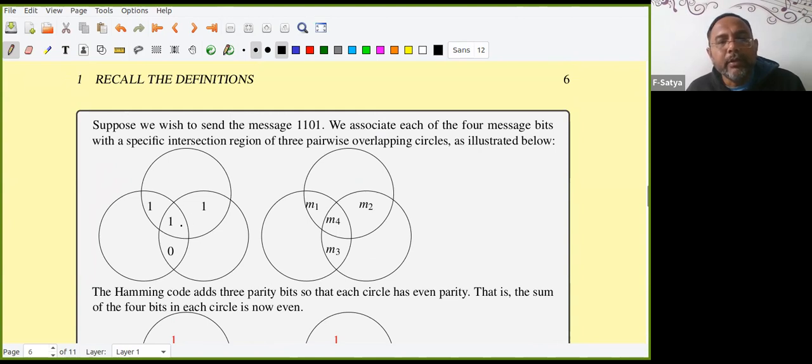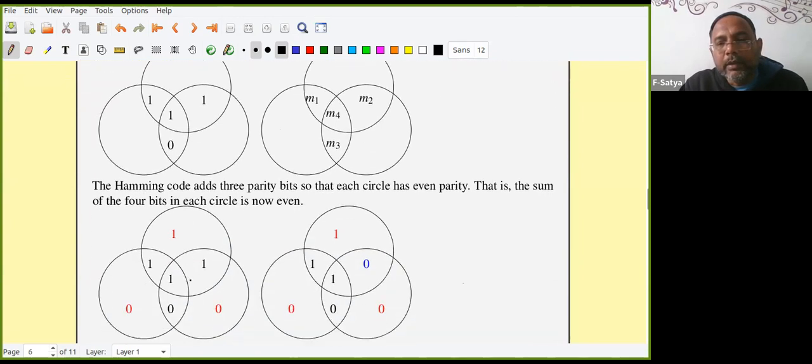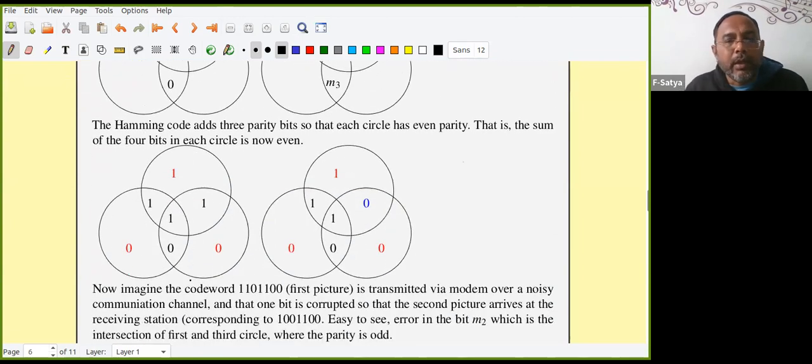What Hamming code will do is that we'll fill up each circle in such a way that each circle is of even parity. Means 1 plus 1 plus 0 plus 0. The number of ones here is even. The number of ones in this is also even. The number of ones in this is also even. These are the parity checks.